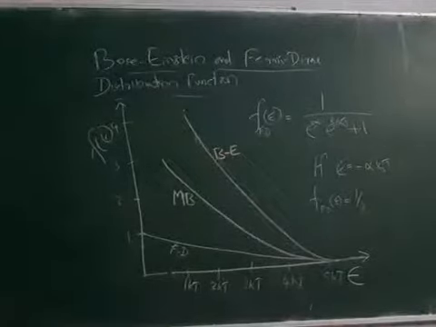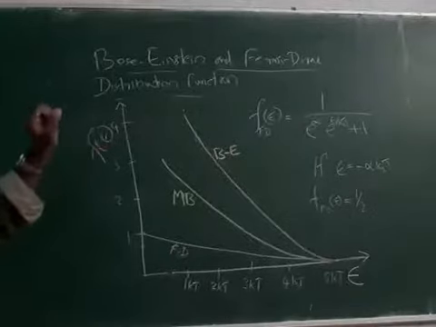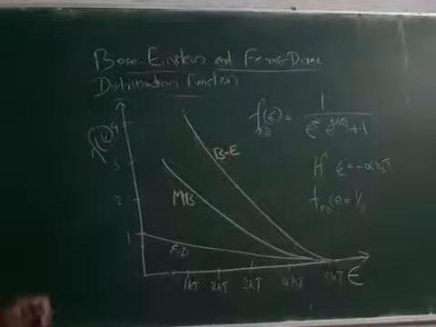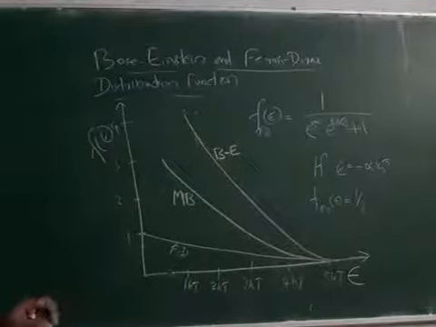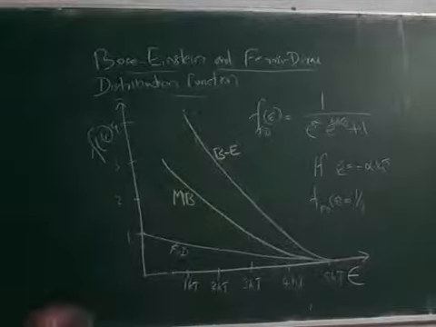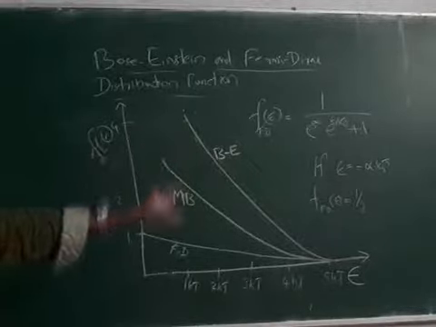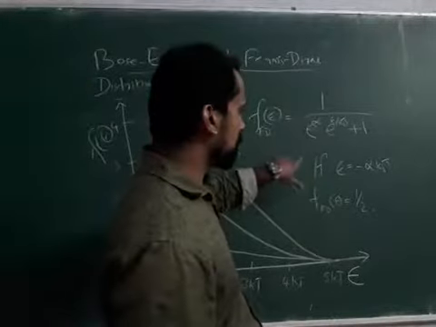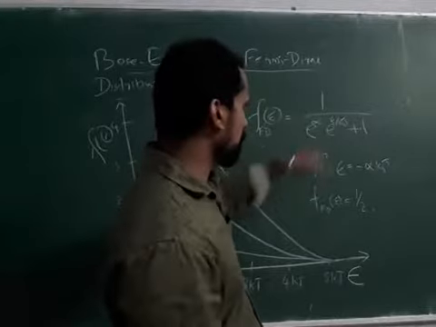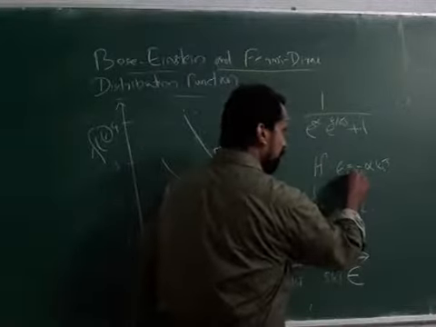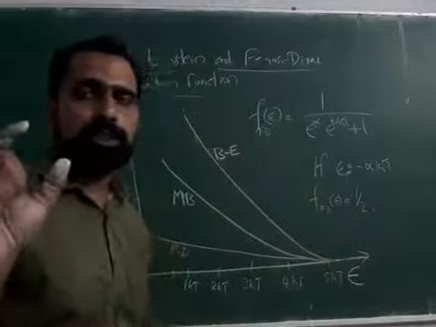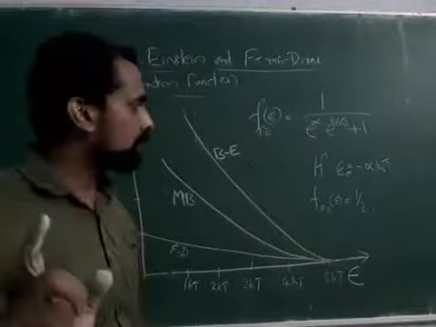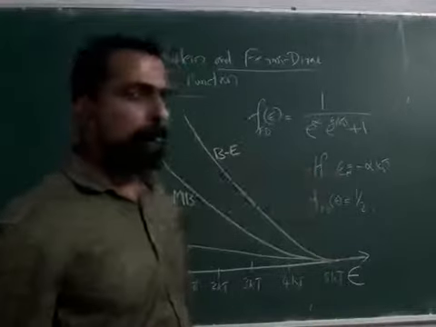Okay, so now let us consider a system of fermions at temperature T equal to 0. So what is the situation? Okay, in this case, if you investigate it, the occupancy of states whose energies are less than epsilon F, we call it the Fermi energy, because wherever the distribution function is half, that is the point we call the Fermi energy.